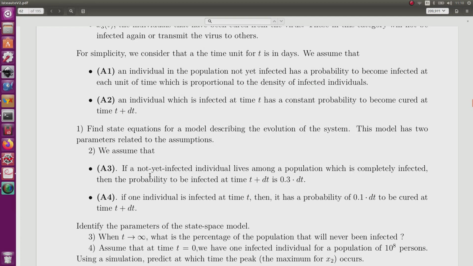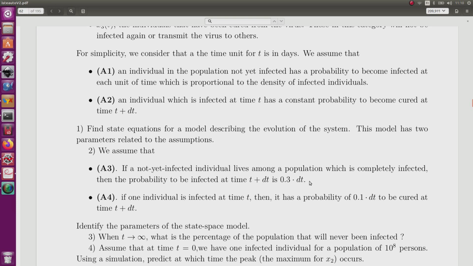Question number 2. I have to identify the parameters p1 and p2 of our state space model. And for this, we will assume, assumption number 3, that a not yet infected individual which lives among a population totally infected, then the probability to be infected 1 day later is 0.3.